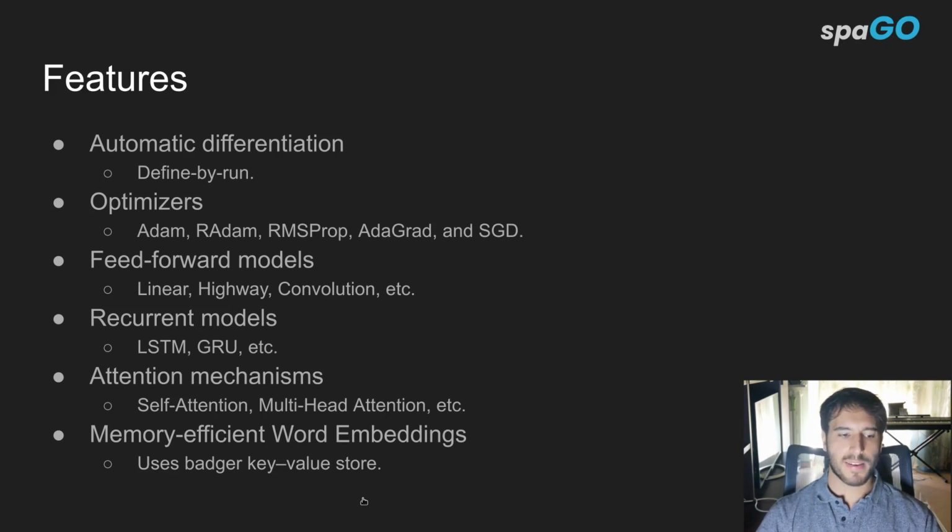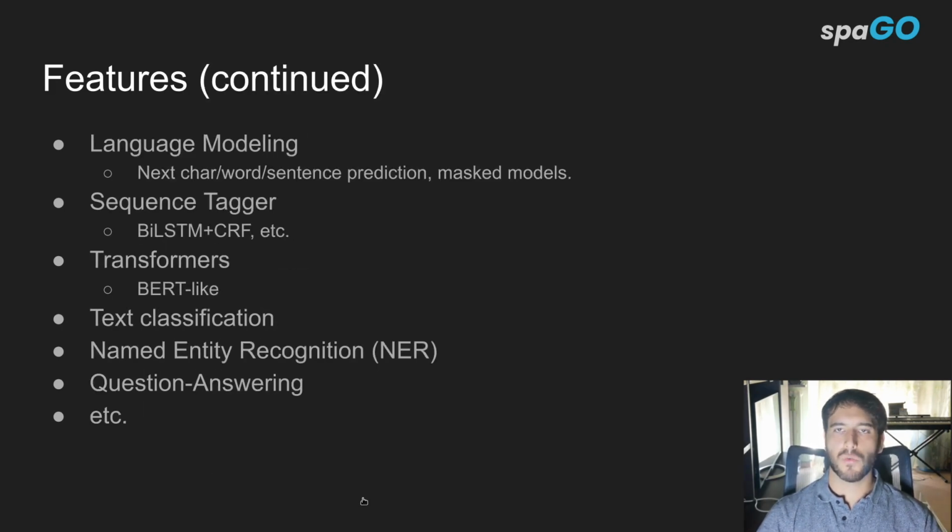So in spaGO, you will find self-attention, multi-head attention, and a memory-efficient word embeddings implementation using the Badger key-value store library, also written in Go. Up to more complex and sophisticated architectures to perform text classification, a sequence tagger using a bidirectional LSTM with a conditional random field on top, and some algorithms to perform named entity recognition and question answering, etc.